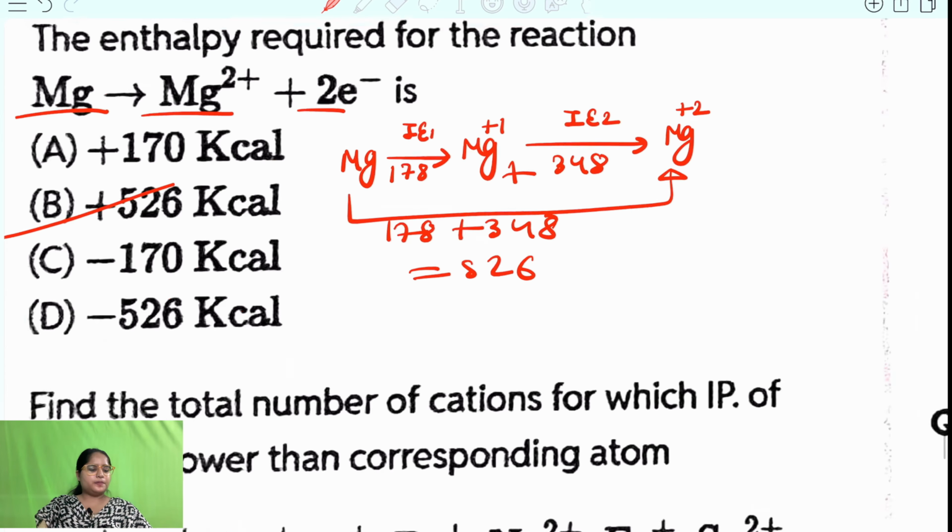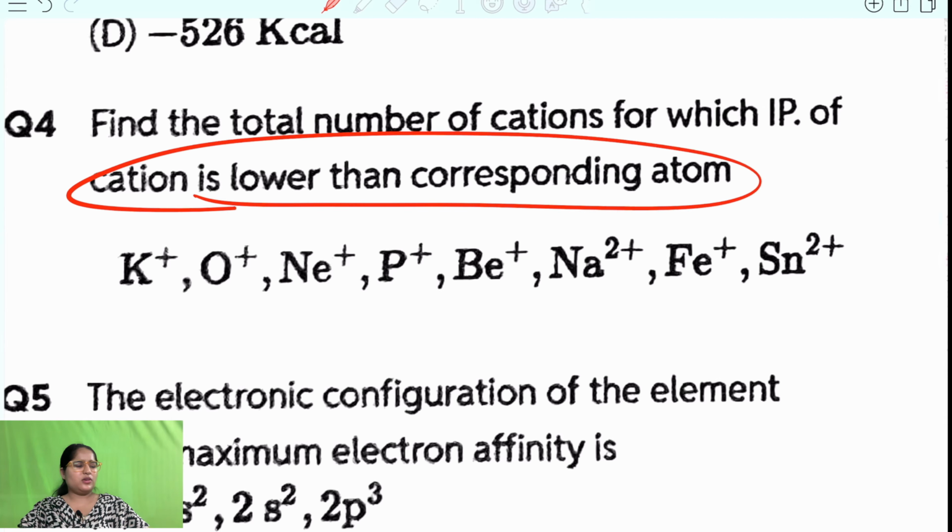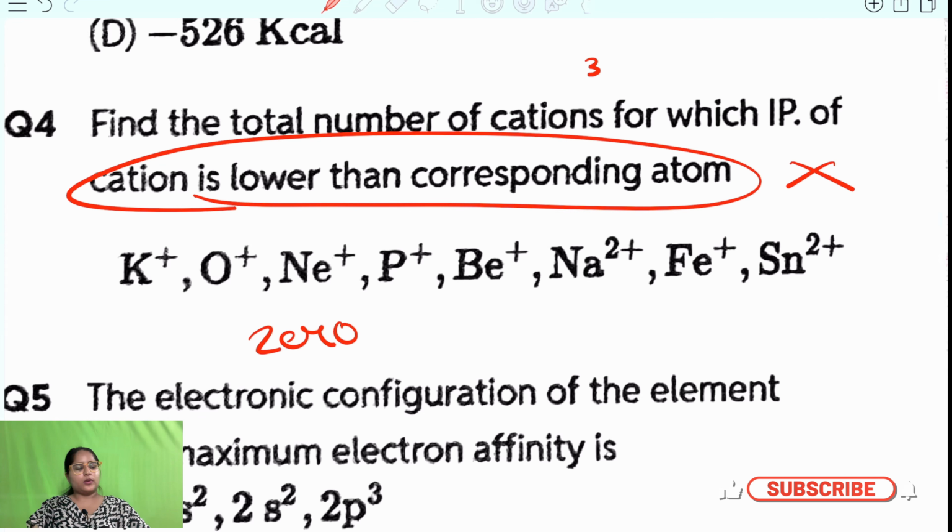Question number 3. Find the total number of cations for which the ionization potential of the cation is lower than the corresponding atom. One more time I will read the question.